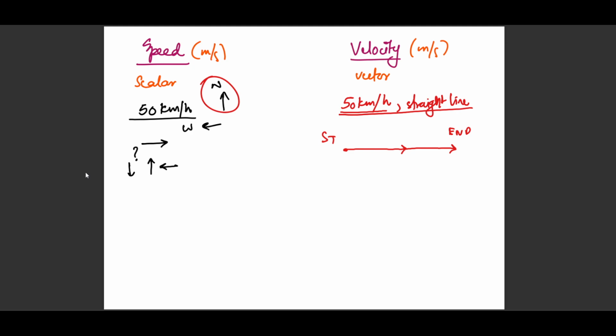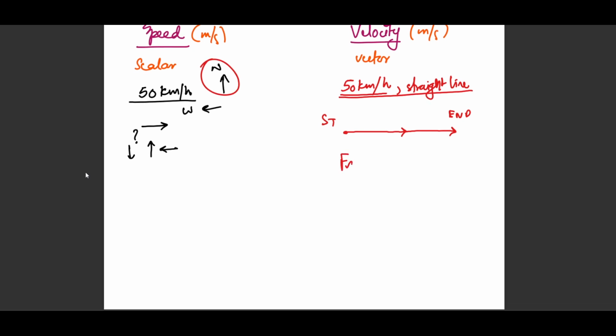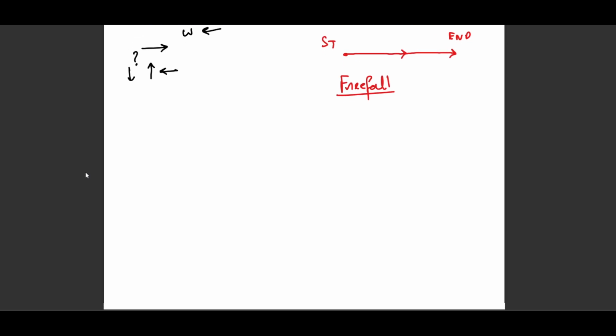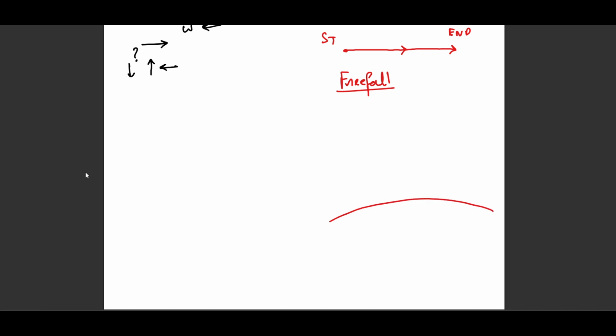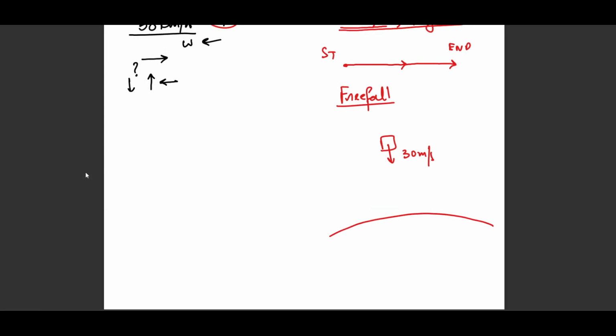Sometimes in the cases of free fall, for example, students sometimes get confused. If an object is under free fall, let's say with respect to the earth, the object is moving downwards with a speed of 30 meters per second. Now I'm calling this speed, but in reality this is velocity. Why? Because I know the magnitude, I know the value, but I also know the direction.